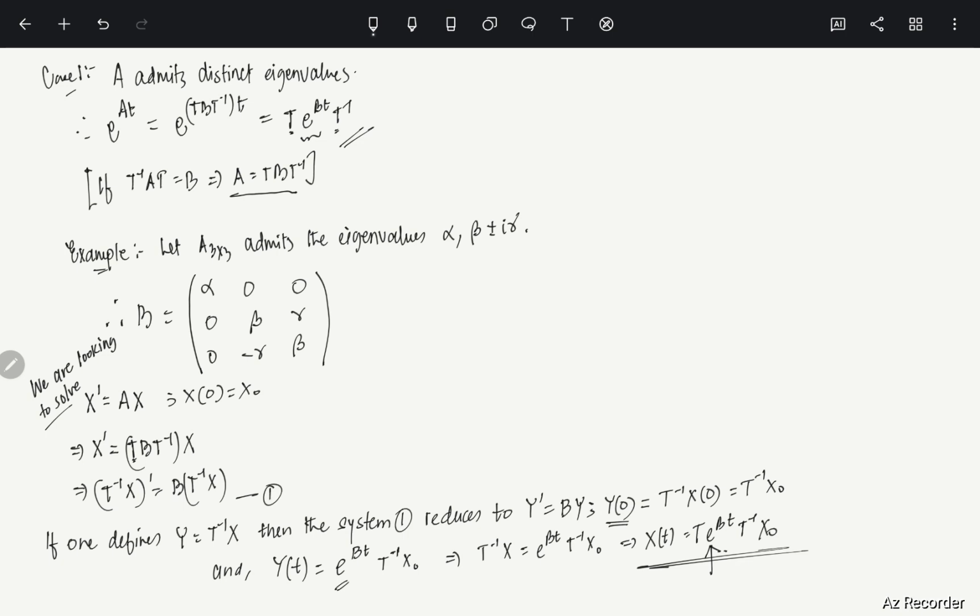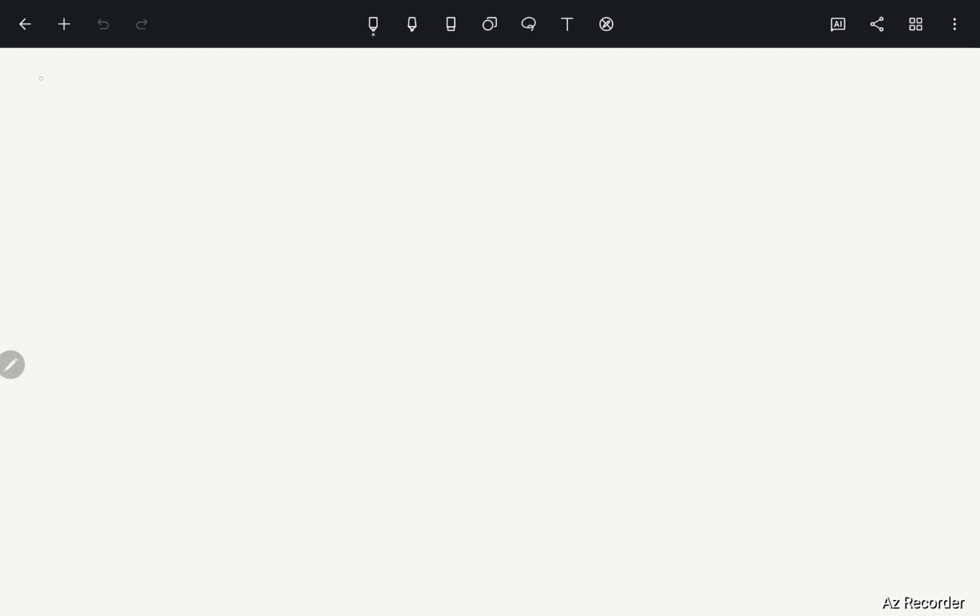Now, another beautiful thing about this canonical form is this. If we can reduce to this form, solving becomes easier. So let's say we want to solve y prime equals B y, right? Let's call y to be y1, y2, y3, 3 cross 3.